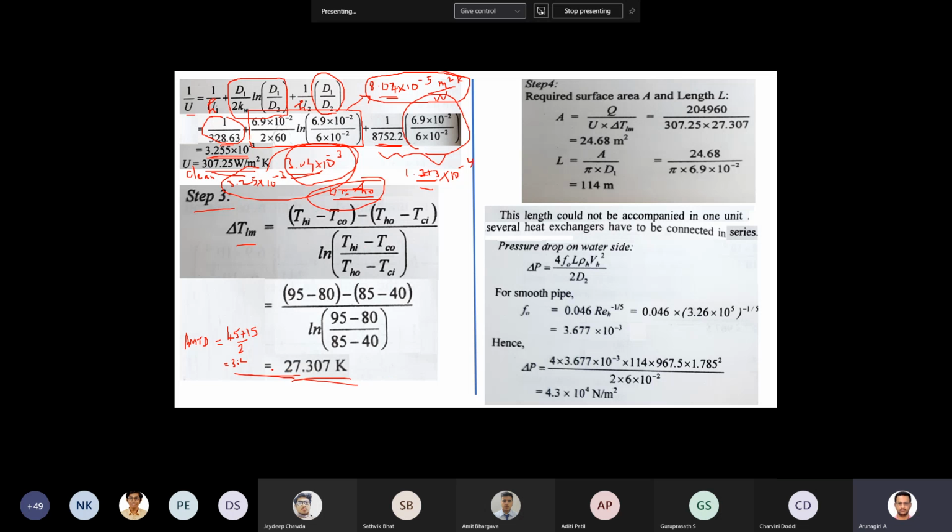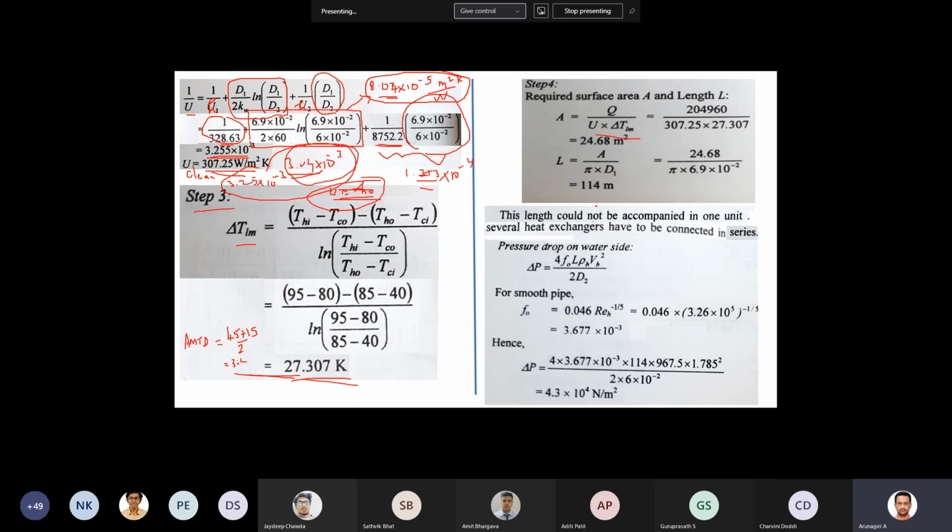Okay, so you can see that when the ratio of the temperature difference between hot and cold fluid at end 1 to that at end 2 is higher, then you have to go for LMTD. Once it is calculated, you can calculate the required surface area and length, that is A equals Q by U delta T LM.